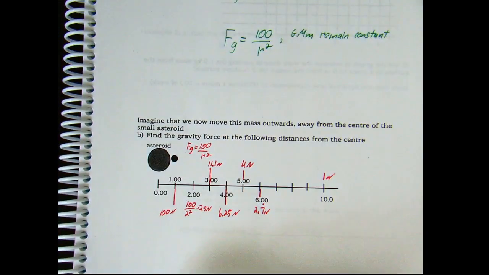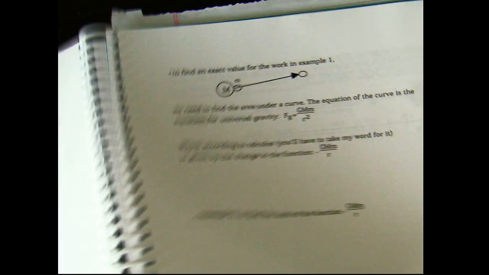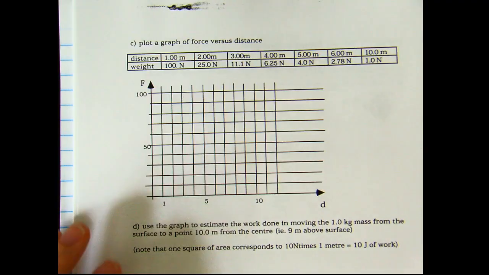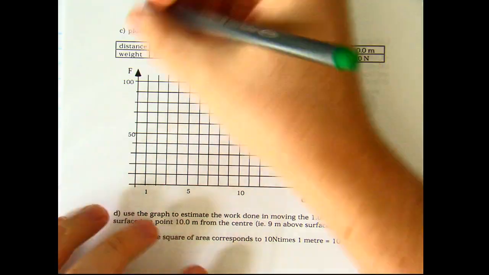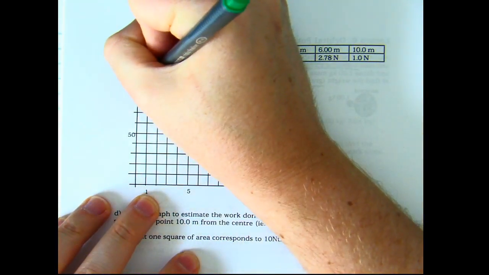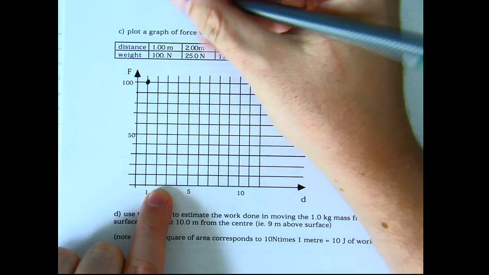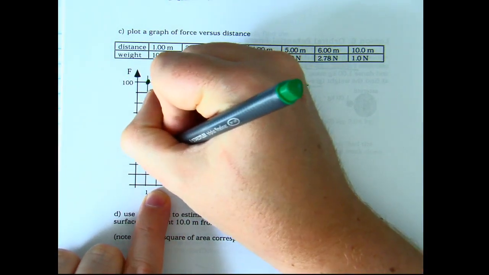What we can do is actually start to graph this, which we will on the next page, so flip it over. We want to plot a graph of force versus distance. So at the 1 meter mark, we were up at 100 newtons. At the 2 meter mark, we were down to 25 newtons.